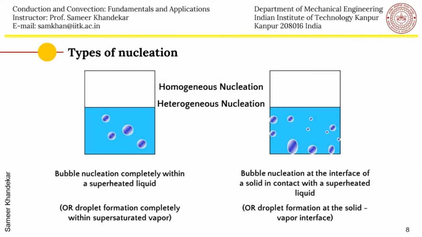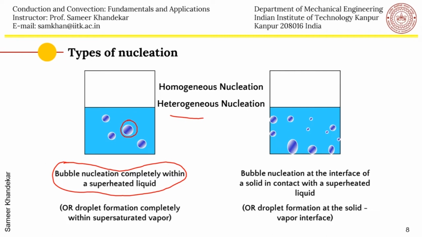Homogeneous nucleation is when a bubble gets formed in a liquid volume, completely within a superheated liquid. The liquid needs to be superheated so that heat can be given to the bubble. The bubble doesn't require any solid surface to get formed. It is inside the bulk itself, inside the volume itself.